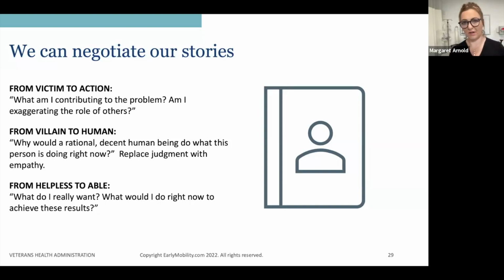Maybe they've just had a really bad day. They're having health problems. They're not feeling well. Maybe they're overwhelmed at work, right? If you can replace judgment with empathy, words that I have found over and over again to help break through are: help me understand. Tell me what's going on.